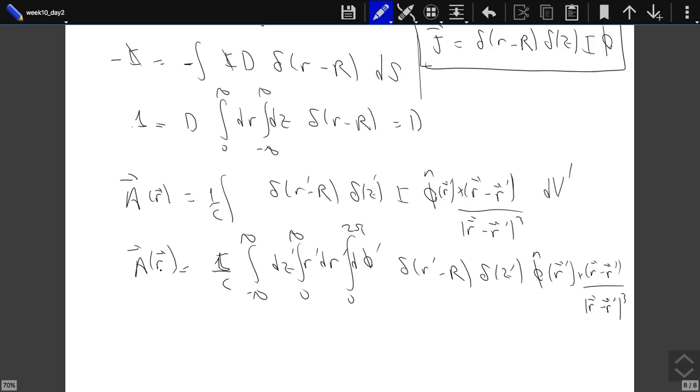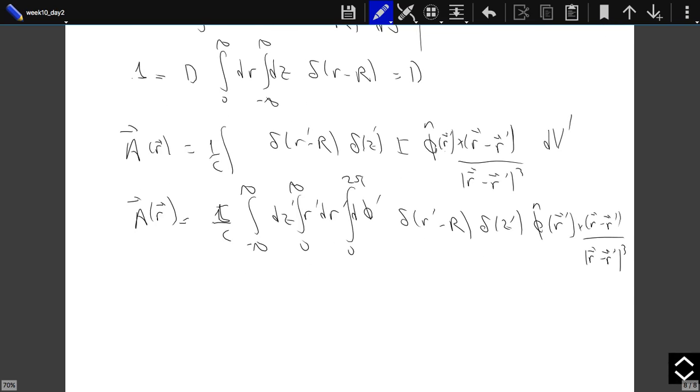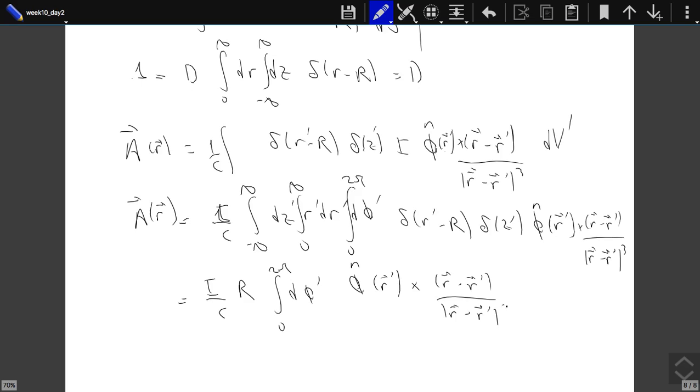Now I can evaluate two of the integrals, which will just give me I over c. Well, the z prime integral, I can just evaluate the z prime and the r prime integrals, and I'm left with the phi prime integral from 0 to 2 pi of phi hat at the point r prime, whatever r prime point I will use, cross r minus r prime over r minus r prime cubed.